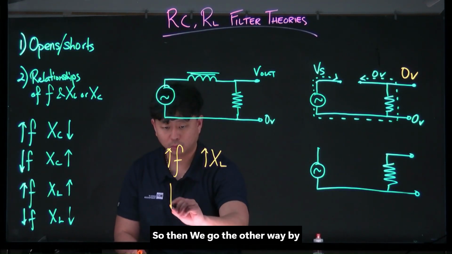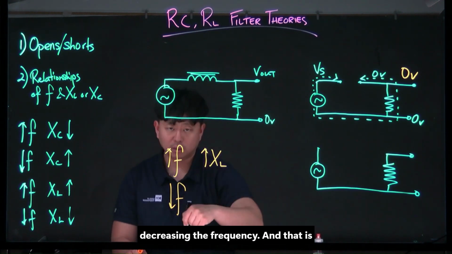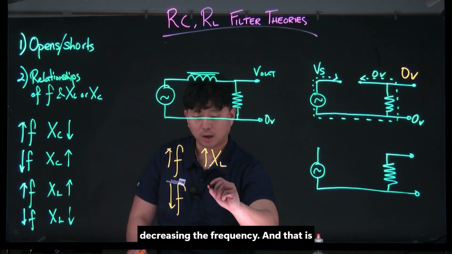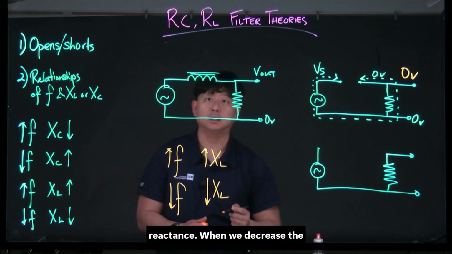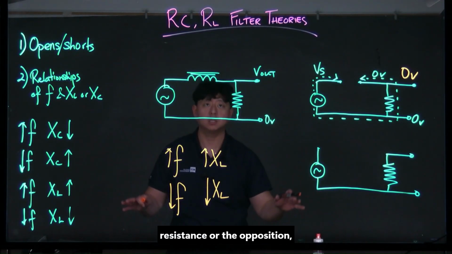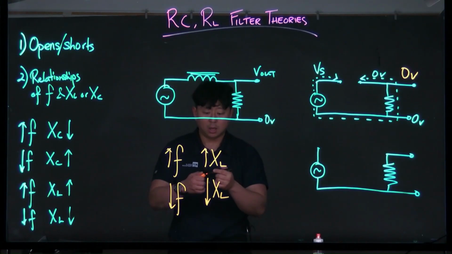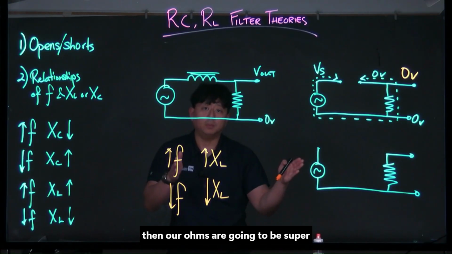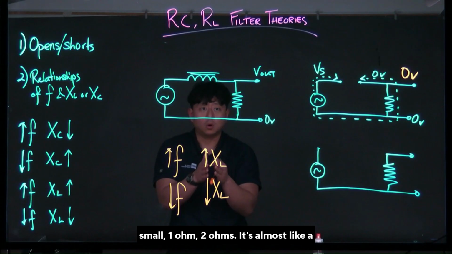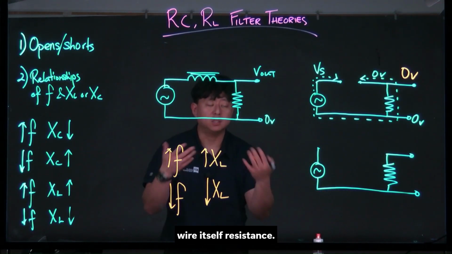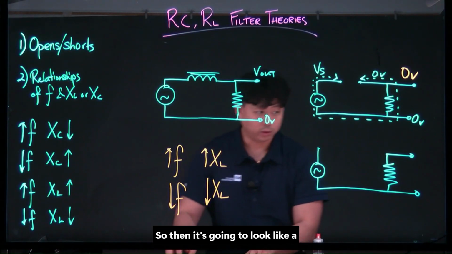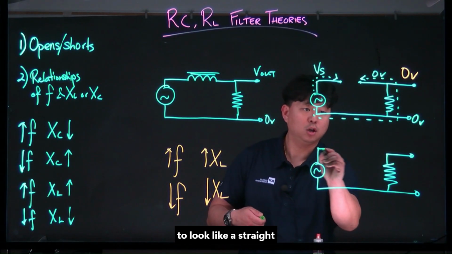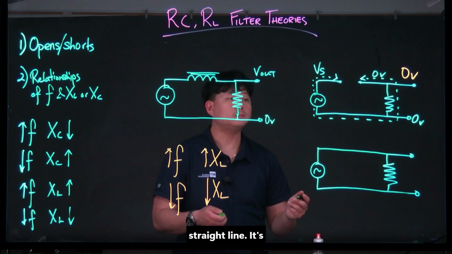So then we go the other way by decreasing the frequency, and that is going to decrease our XL reactance. When we decrease the resistance or the opposition, then our ohms are going to be super small, 1 ohm, 2 ohms. It's almost like a wire itself. So then it's going to look like a straight line, right?